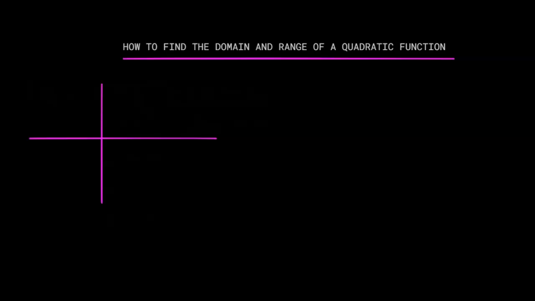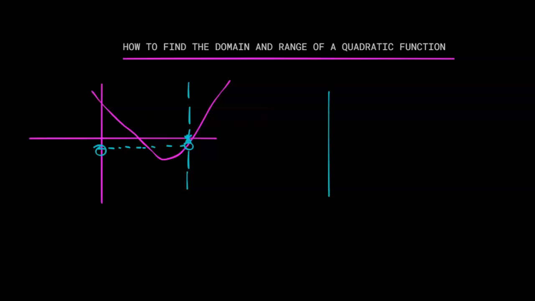That is, if you drew a vertical line through the curve at any one point, then it must cut the curve at only one point. And that is to say that any x value here must have only one corresponding y value.